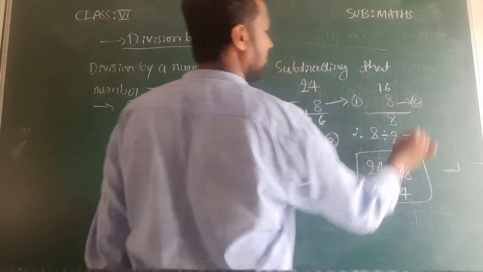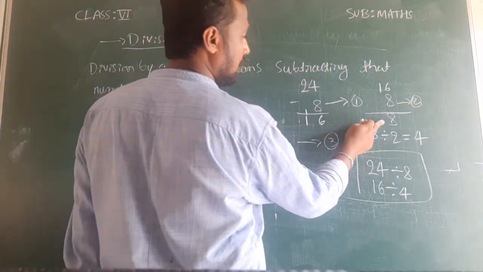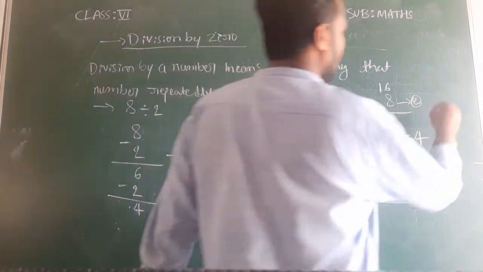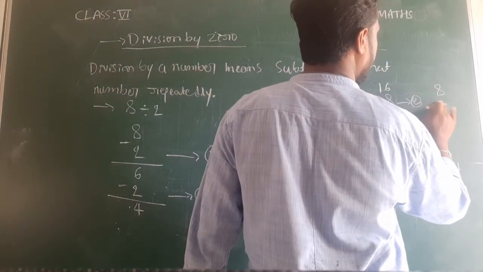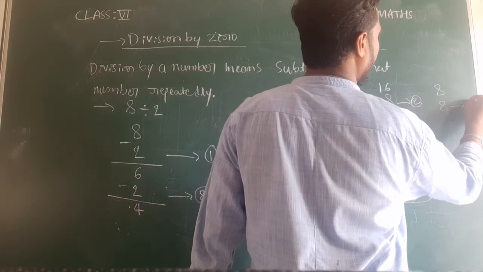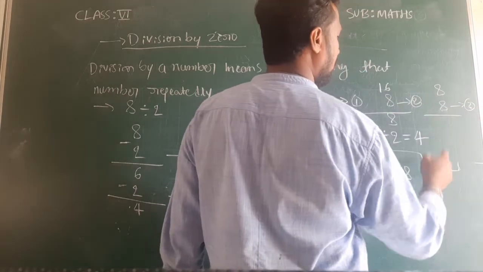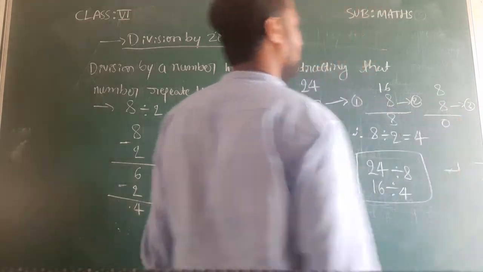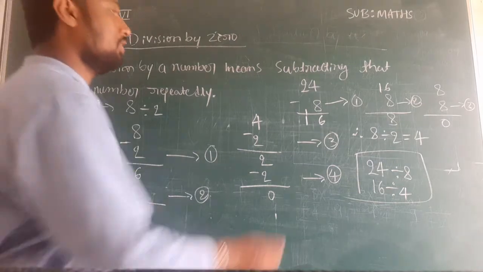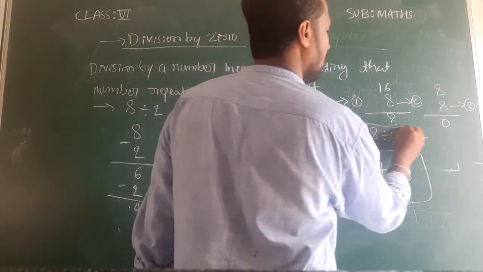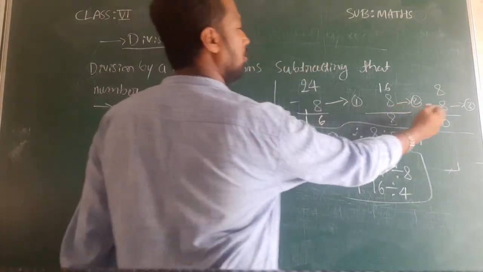This is the second time you subtracted, and 8 is remaining. Again we will subtract 8 the third time. So 8 minus 8 means 0. So totally how many times did we subtract? 3 times. 1, 2, 3.